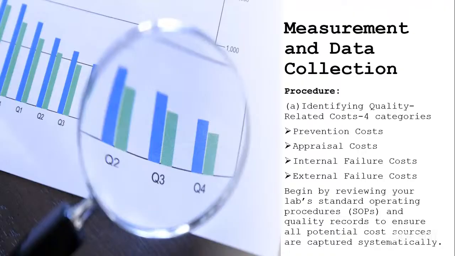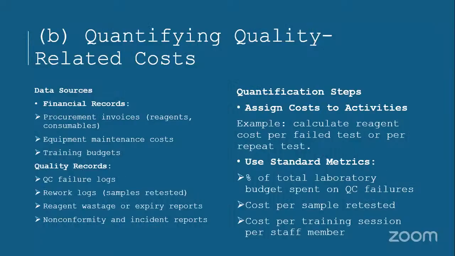Go under internal failure costs, list all the processes under internal failure costs. Then under external failure costs, list all the processes as such.